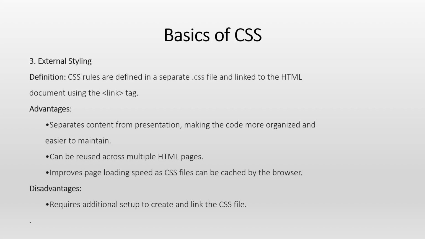Inside that file we will write all the CSS code, and we are going to call that CSS file in the HTML file using this link tag. I will be showing this one.